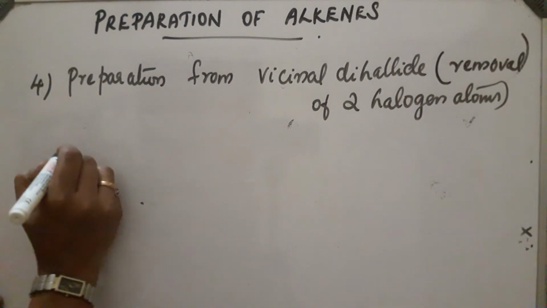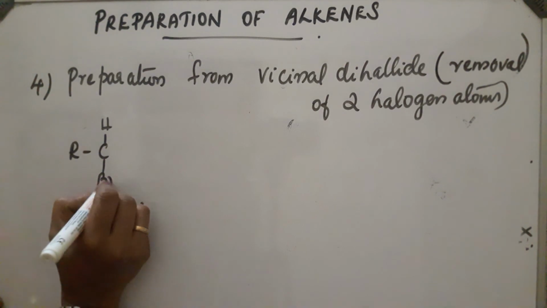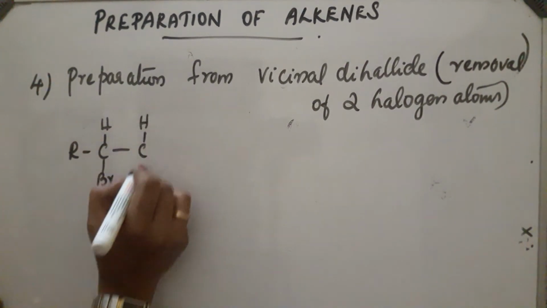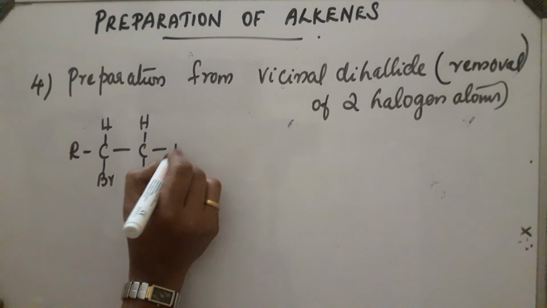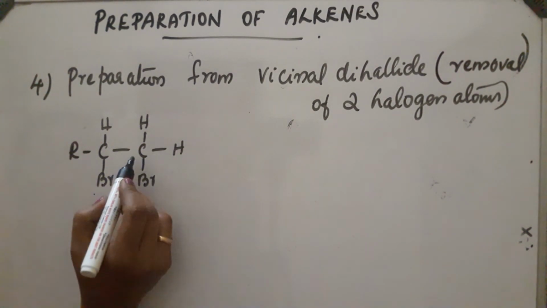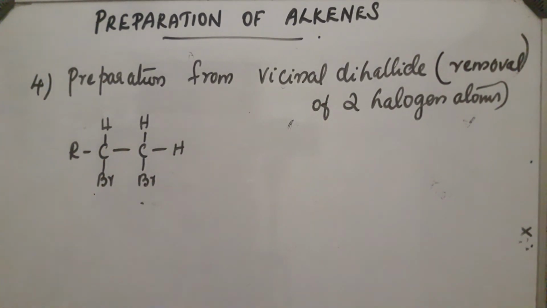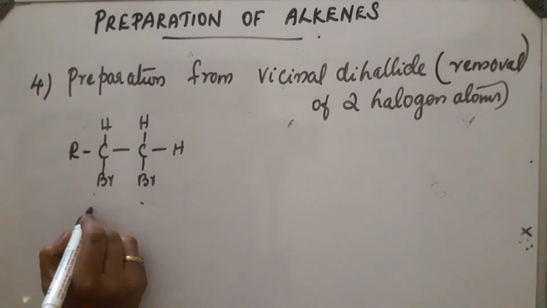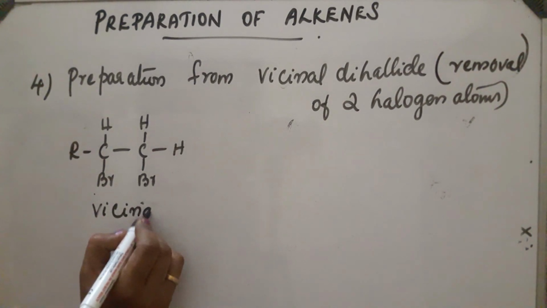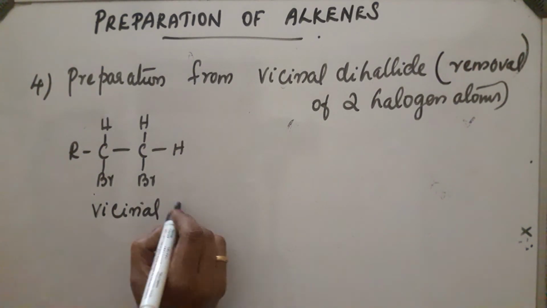Dihalides means, see one example, H, Br attached to this compound. If the two halogen atoms are attached to two adjacent carbon atoms, such compounds are called vicinal compounds. So these are vicinal dihalides.